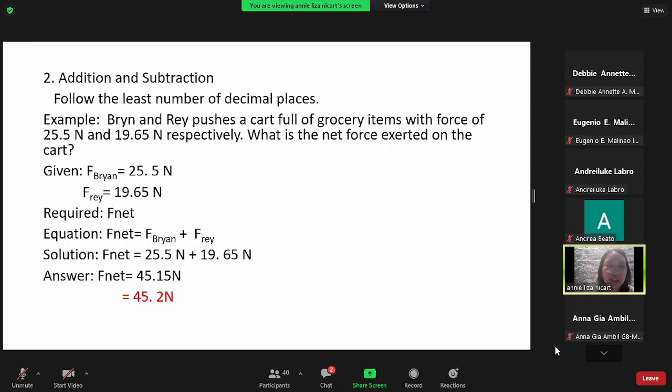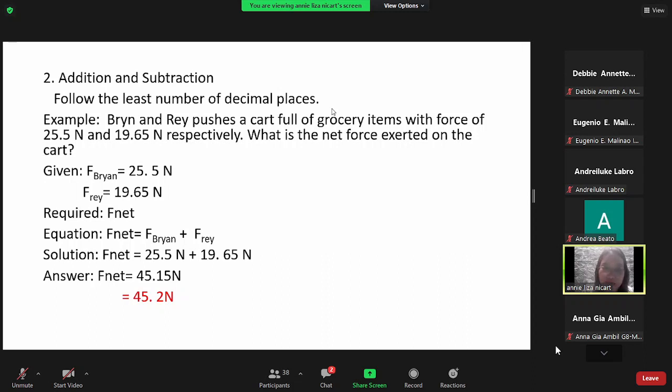So in addition and subtraction, who would like to read? Who can read? Volunteer, who would like to read the rule? No one volunteers.